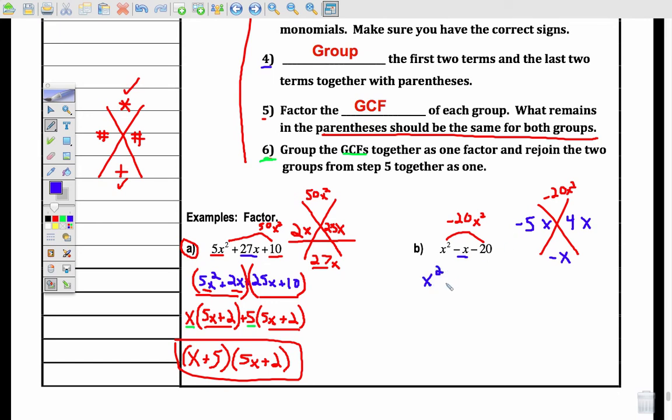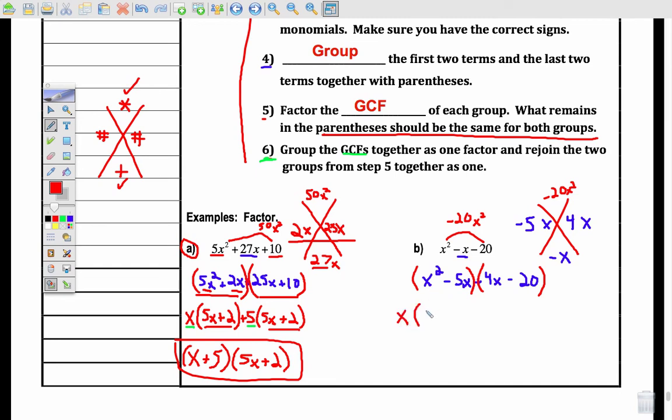That's what we're going to replace this middle term with. So now our new equation is x squared minus 5x plus 4x minus 20. All right, we group the first two terms and the last two terms. We can factor these out now.